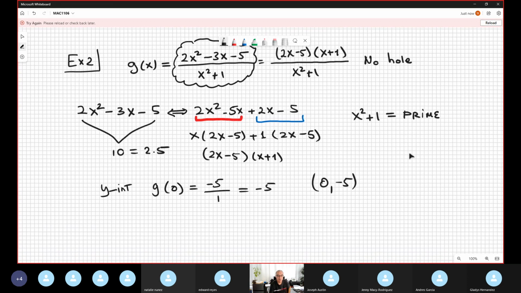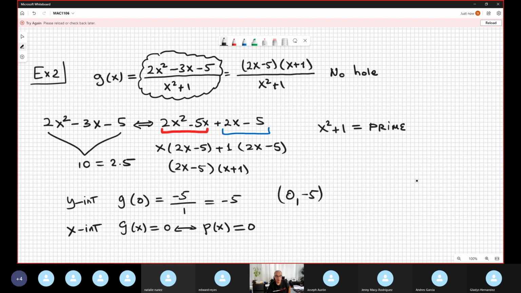And the x-intercept, remember, what is the formula? In general, g of x, the name of the function, equal to 0. But specifically, in this example, you take p, and p is this polynomial, this trinomial.